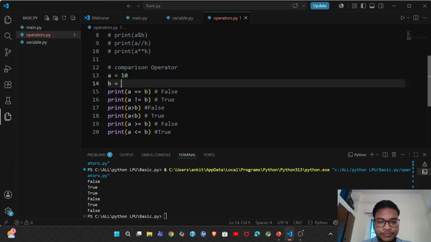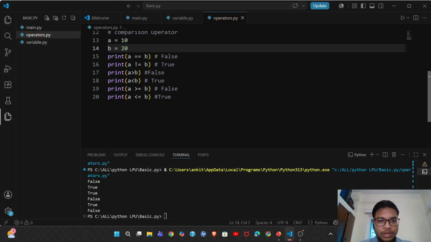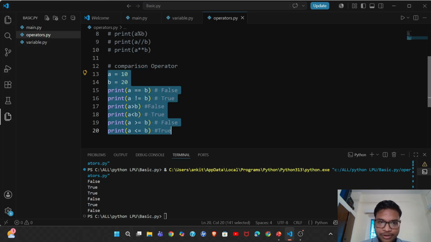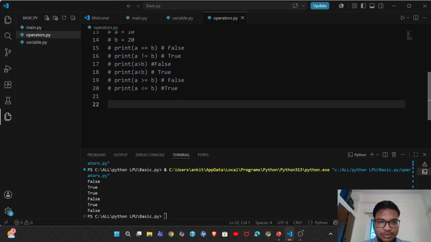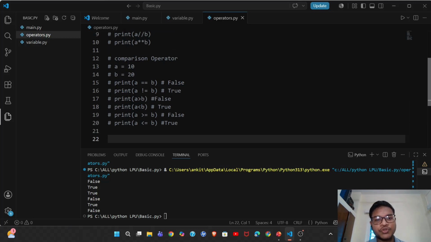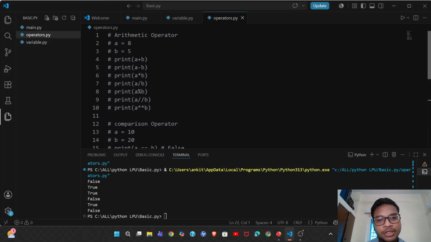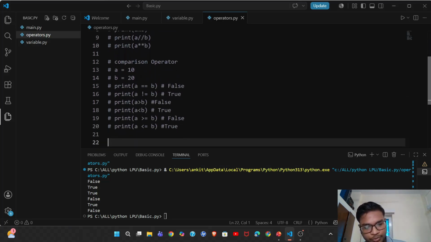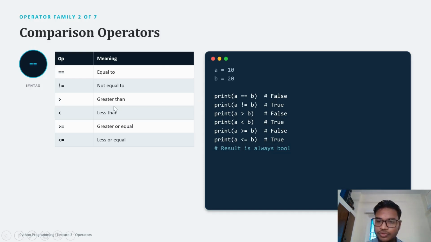I think we don't have any doubt in the comparison operator at this time, so let's move forward. We are done with the arithmetic operator and comparison operator, and the result is always boolean.